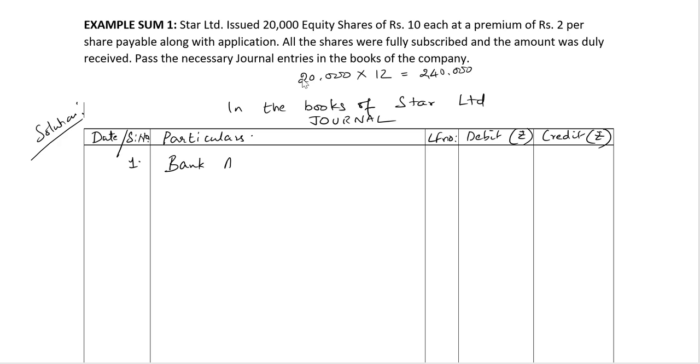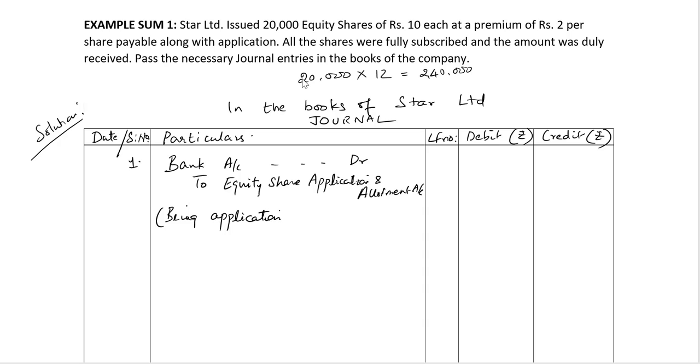So we have bank account debit to equity share application and allotment account, being application and allotment money including premium received.